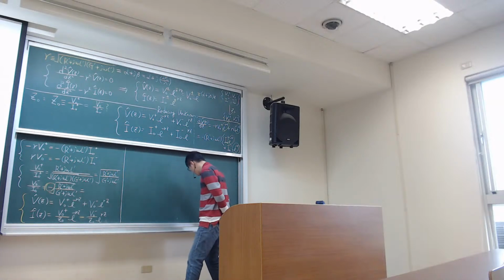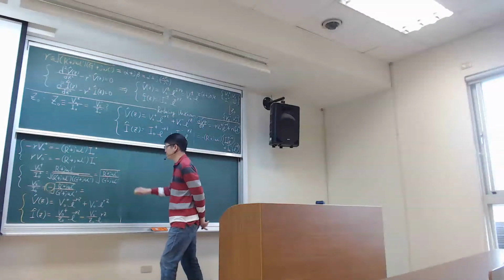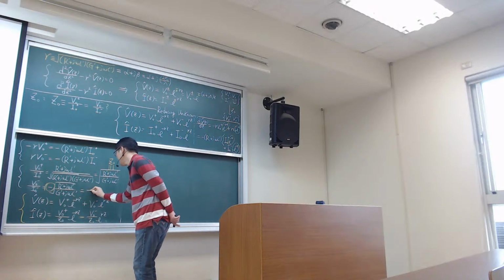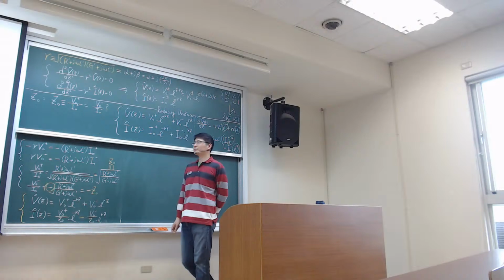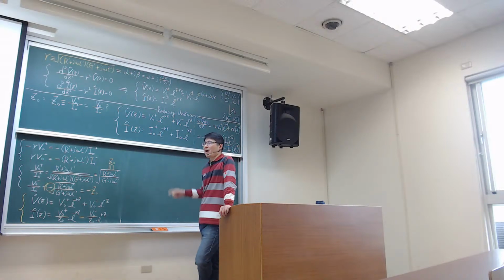Which is really not too bad. So let's define this as Z0 and define this as negative Z0. Now you have to think. How can impedance take a negative sign?